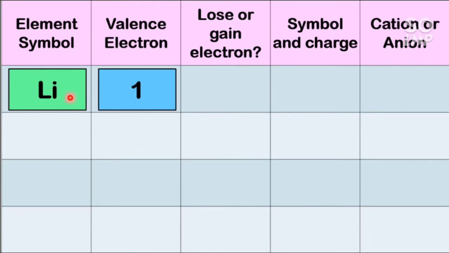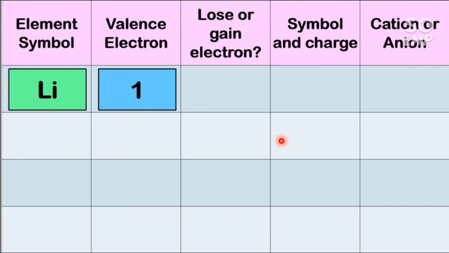So lithium, does it lose or gain electron in chemical bonding? How do we know that an element will lose or gain electron? So if the element is metal, it will lose. If the element is non-metal, it will gain. So that is the rule.